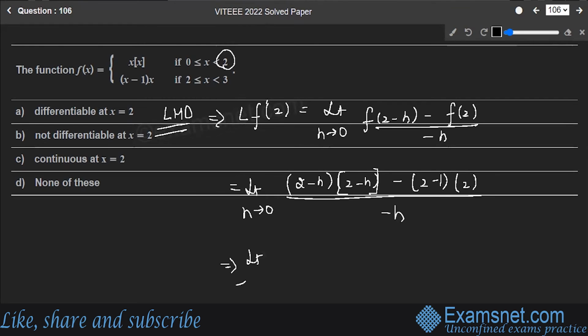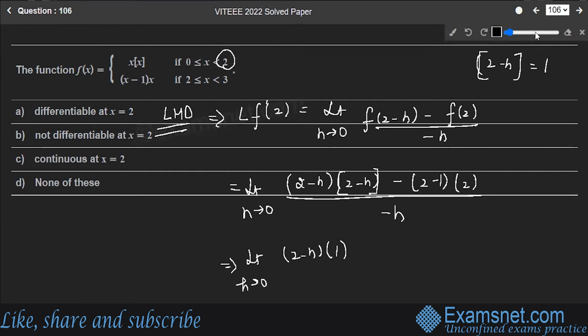Since I'm subtracting something from 2, the greatest integer will be 1 only, because 2 minus h is 1 point something.